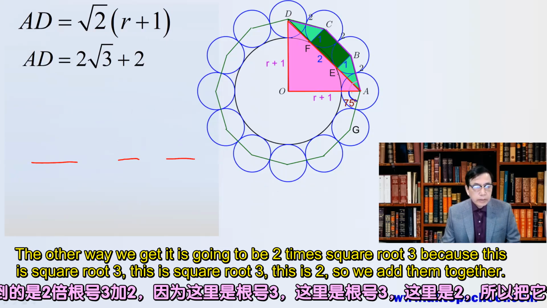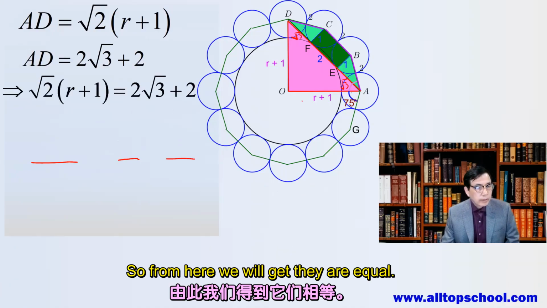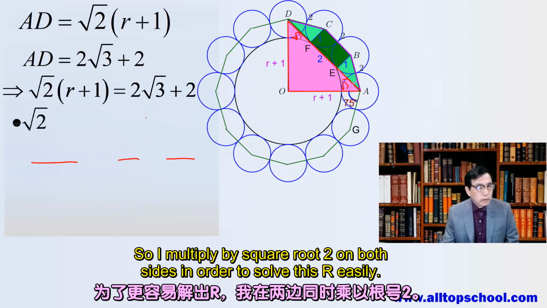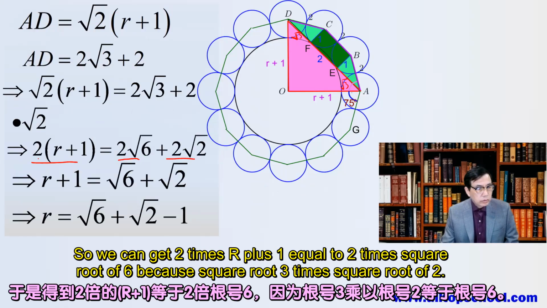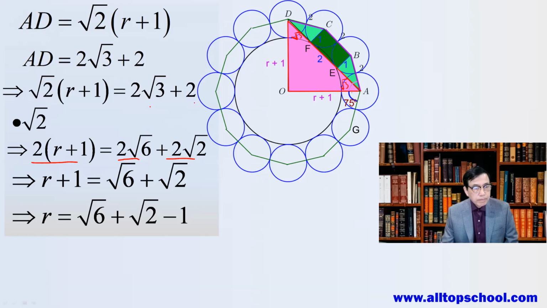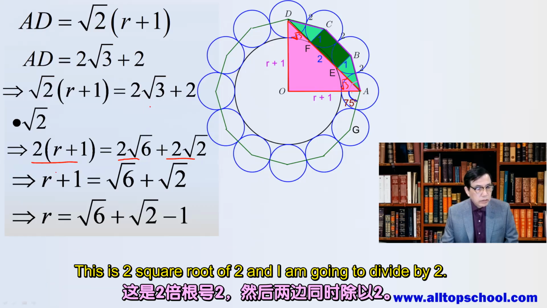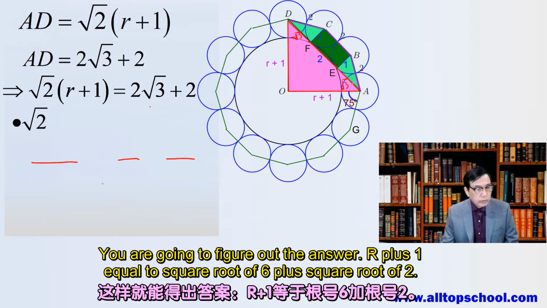The other way we get it is 2 times square root of 3 plus 2, because this is square root of 3, this is square root of 3, and this is 2, so you add them together. From here, they are equal. I multiply by square root of 2 on both sides in order to solve for r easily. So we get 2 times (r plus 1) equal to 2 square root of 6 plus 2 square root of 2, because square root of 3 times square root of 2 is square root of 6, and I'm going to divide by 2.